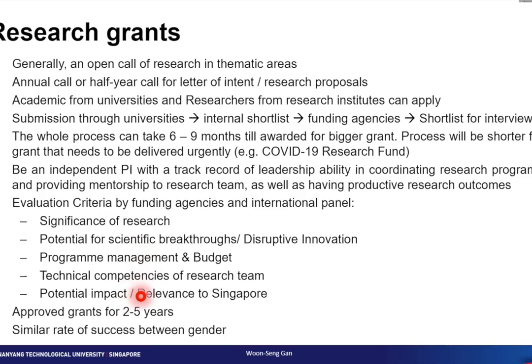Ultimately, it also looks at the potential impact and relevance to Singapore. The approved projects mainly last for 2 to 5 years. In between, there will be interim reviews of the projects for the funding agencies. In terms of success rate, there is a similar rate of success between genders. There's not much of a difference.